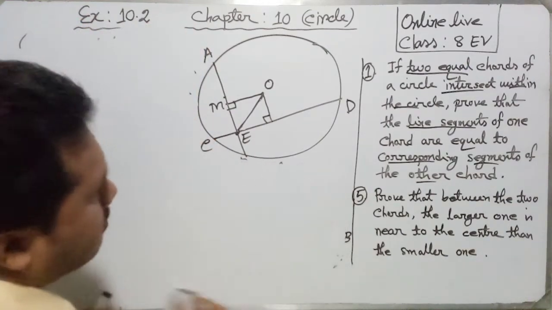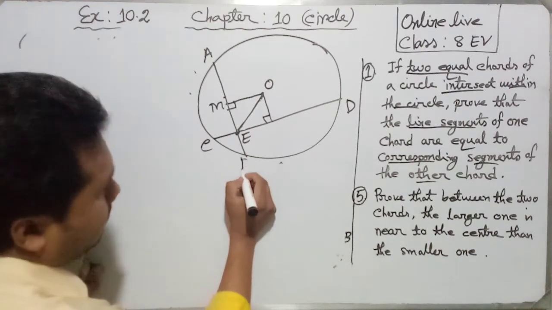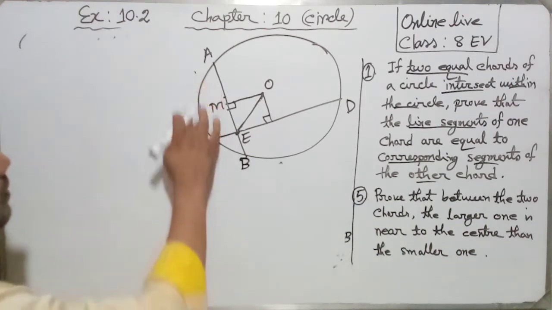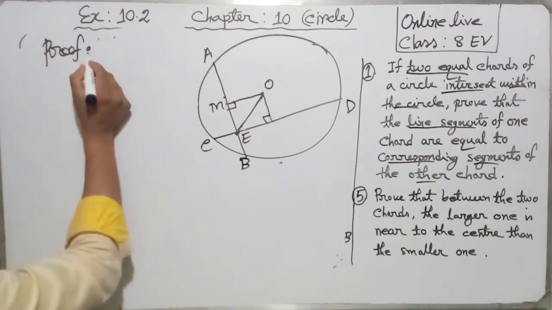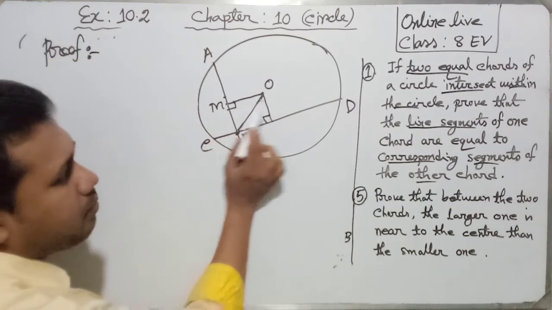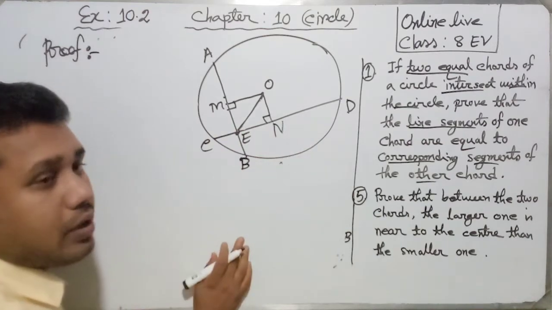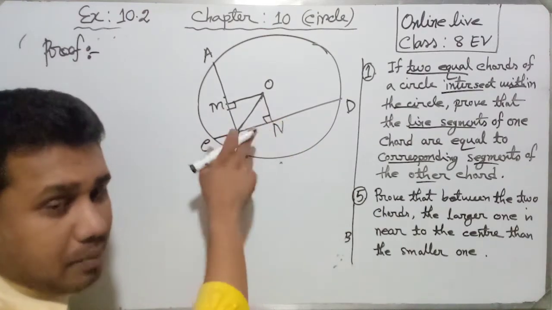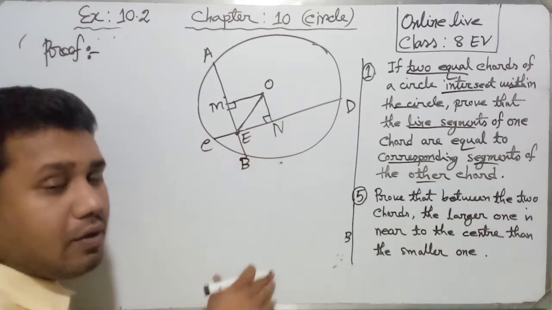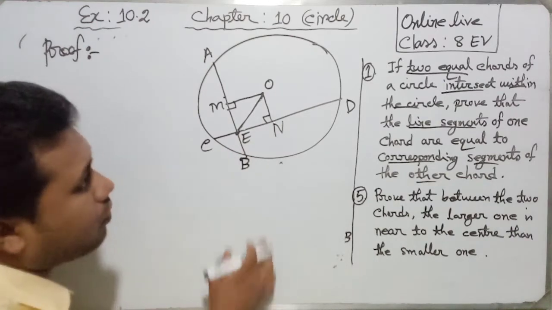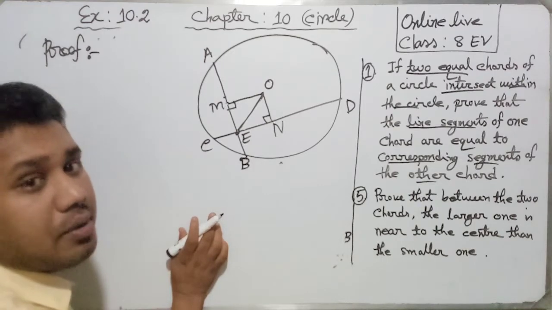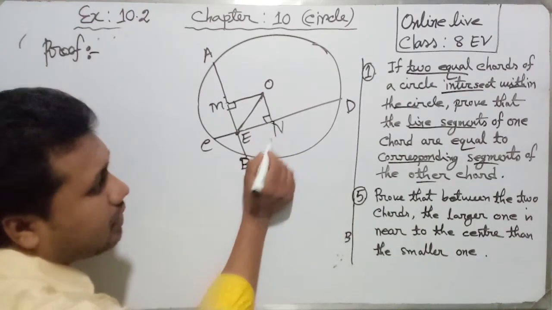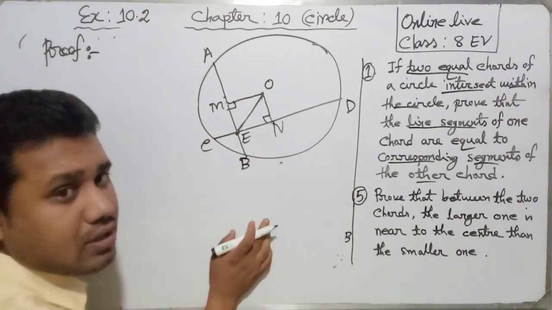Now dear students, look, in the proof part, at first, here OM and ON are perpendicular. So in our theorem number 1, we know when this is perpendicular, this M will be the midpoint, and this N will also be the midpoint for CD.